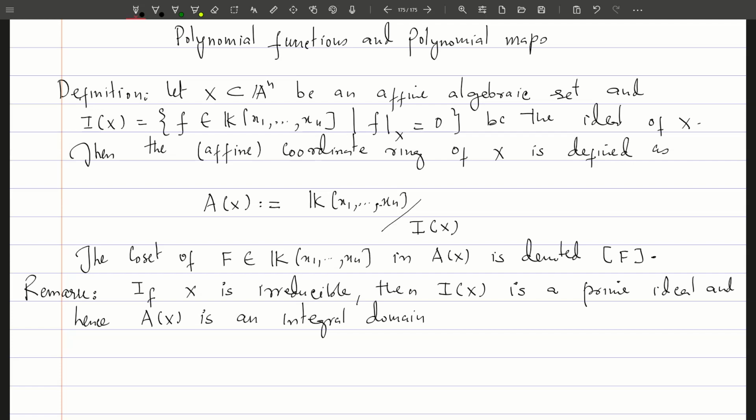Actually this quotient ring A(X) is a K-algebra. By K-algebra we mean that this ring A(X) is a ring and contains K as a subring.